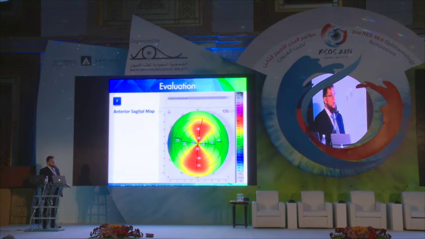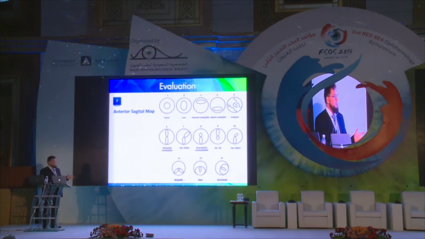Now coming to the pictures or the maps, starting with the sagittal curvature map. There are different patterns on the curvature maps. In previous conferences I just presented them without classifying them into high risk, moderate risk, or low risk.